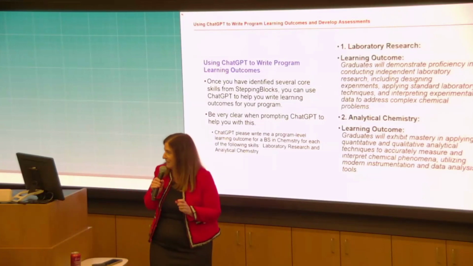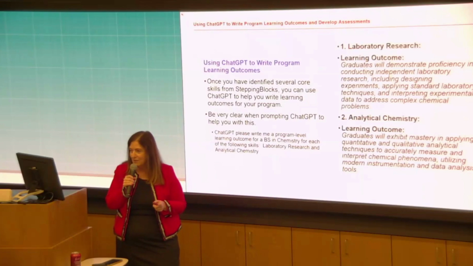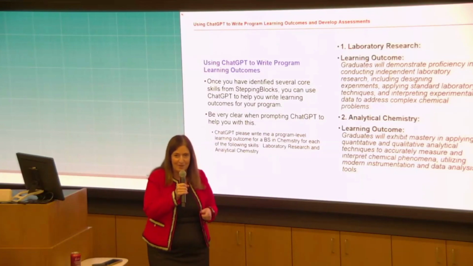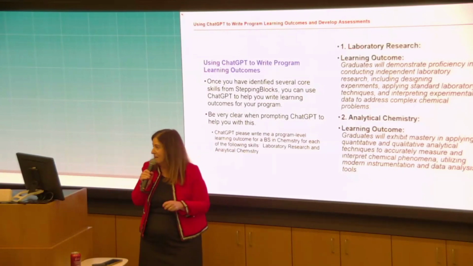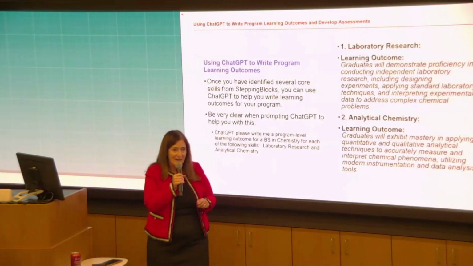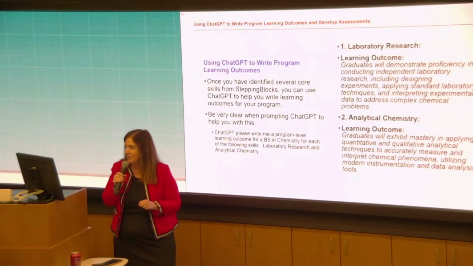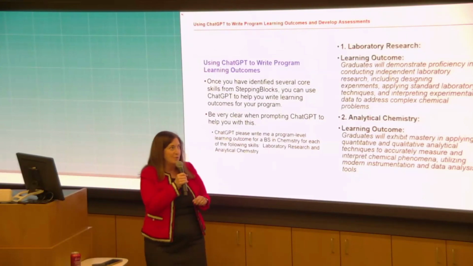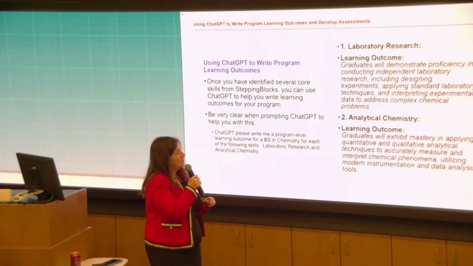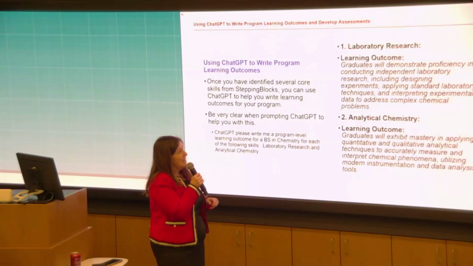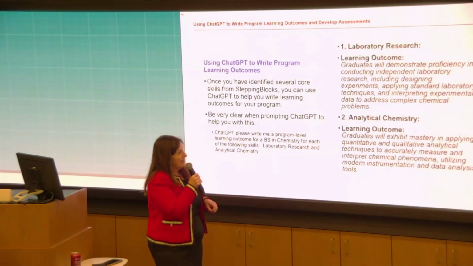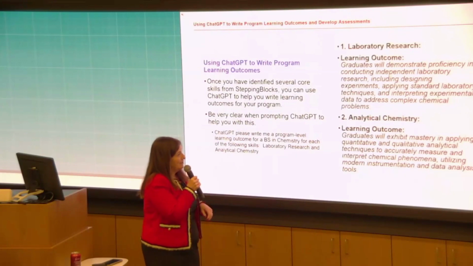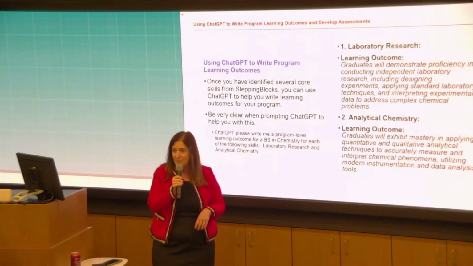So I'm very specific for each of the following skills: laboratory research and analytical chemistry. And then what you have on the other part of the slide is what ChatGPT gave me back. For the first learning outcome, which is laboratory research, it gave me: graduates will demonstrate proficiency in conducting independent laboratory research, including designing experiments, applying standard laboratory techniques, and interpreting experimental data to address complex chemical problems.